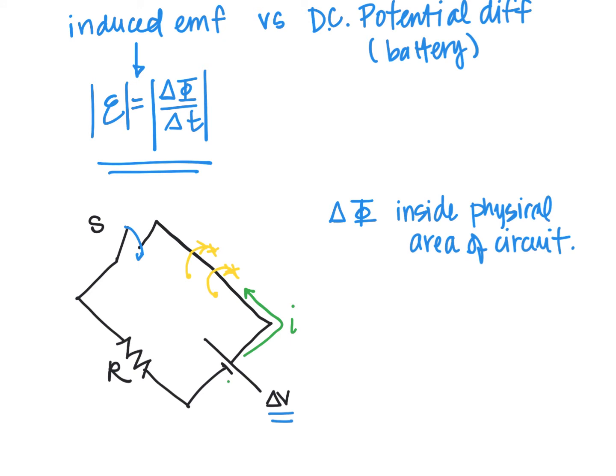This induced EMF due to the current is directly proportional to the change in the current. So because a current is changing, we get a magnetic flux, and then there is a constant L, which is our inductance constant. This inductance depends on the geometry of the loop.